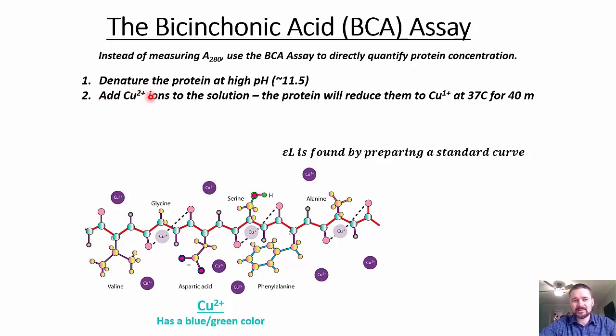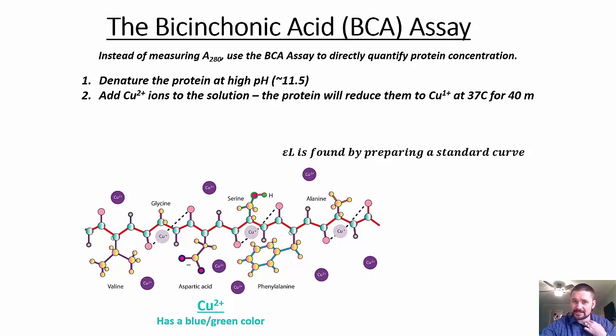The reason we added the copper ions is because they are initially in the copper 2+ form, but then they're going to interact here with the protein backbone, and that's going to change them to the copper 1+ form. Okay? So it's going to reduce them. So that's the reaction with the protein.